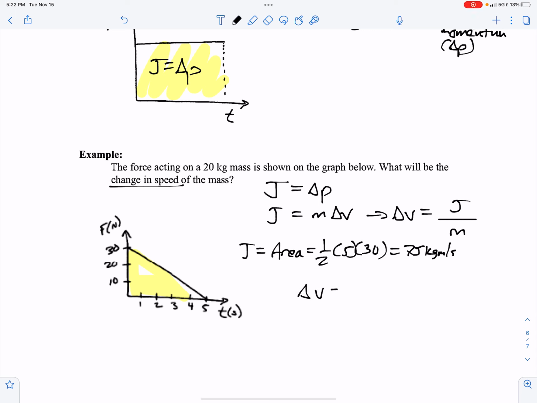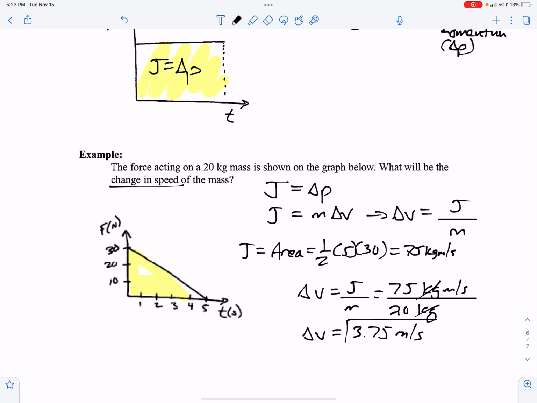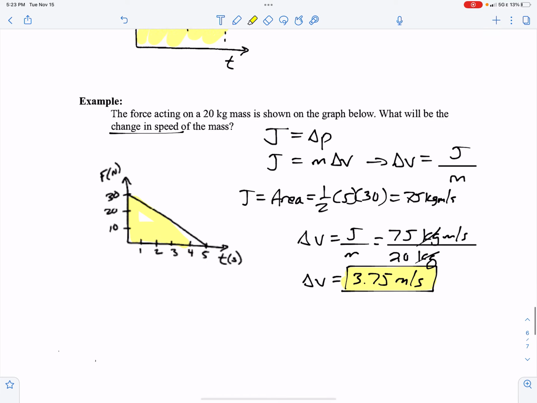So the change in velocity would be the impulse divided by the mass, or 75 kilograms meters per second, divided by the mass of 20 kilograms. You can see the kilograms cancels there. And the change in velocity would be about 3.75 meters per second. So we can get information about a collision with a force versus time graph as well.